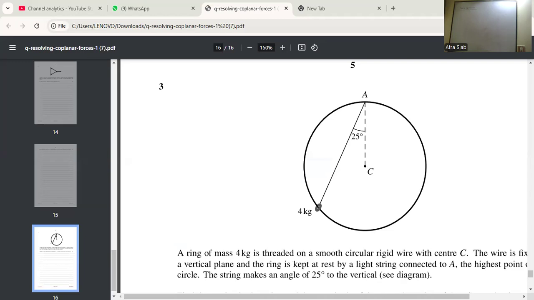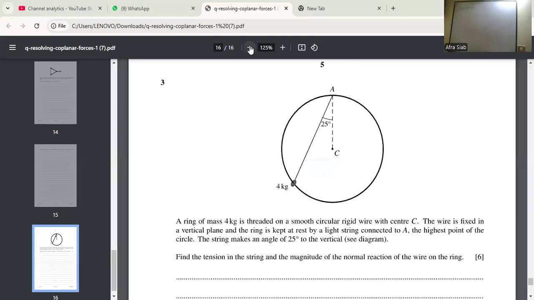The string makes an angle of 25 degrees to the vertical. Find the tension in the string and the magnitude of the normal reaction force of the wire on the ring.